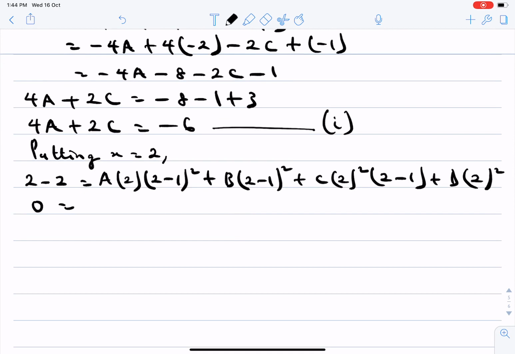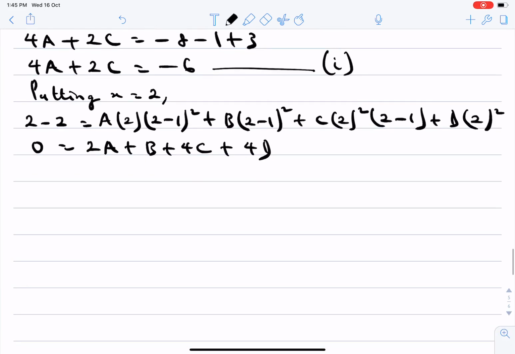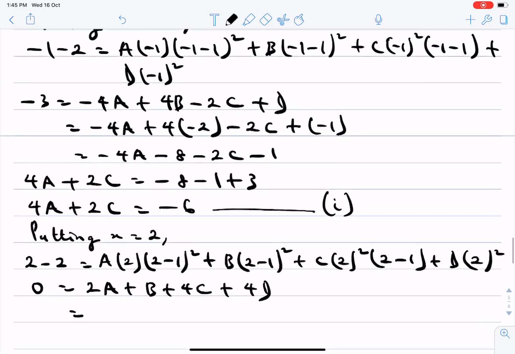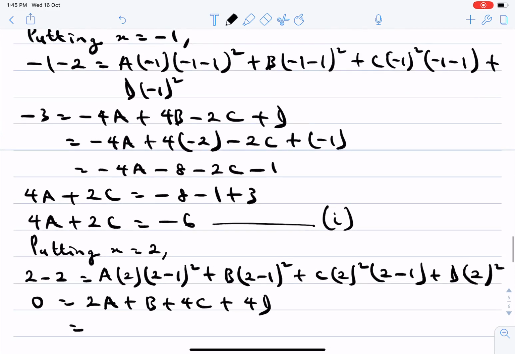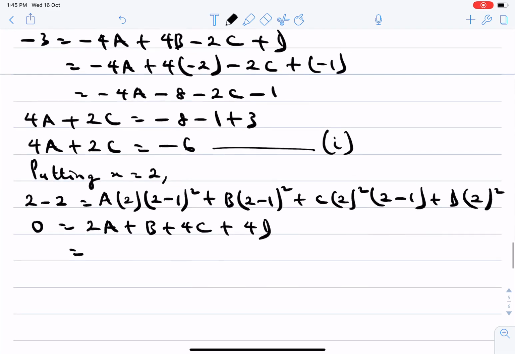2 minus 1 is 1. That's 2a plus b. 2 minus 1 is 1 times 2 squared is 4. That's 4c plus 4d. And we know the values of b and d, so we are putting the values of b and d in this equation.